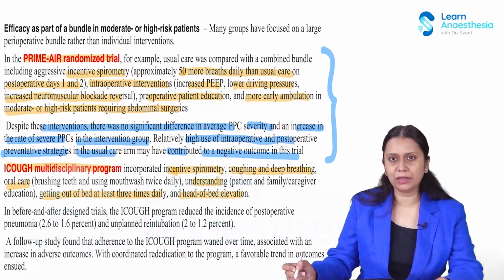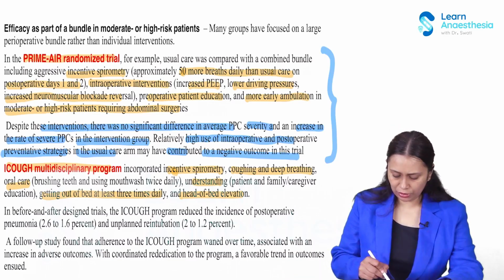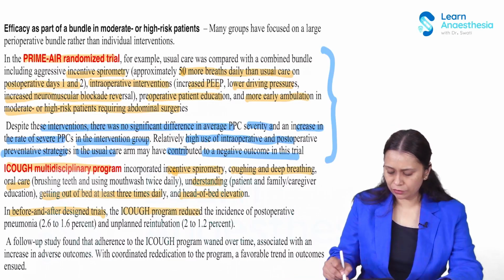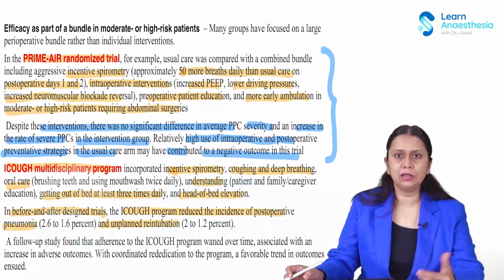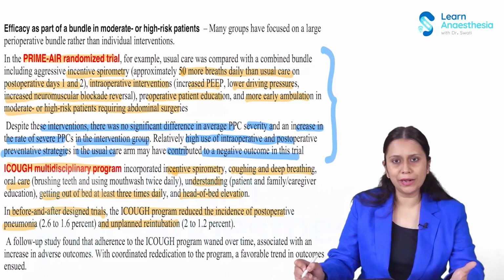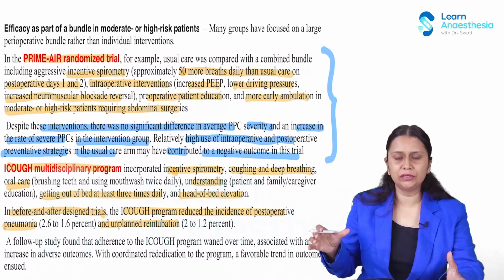These strategies were practiced, and this study showed good results. In a before and after design trial, the I COUGH program reduced the incidence of postoperative pneumonia and unplanned intubation in the test group. So, when these strategies were employed, the risk of pneumonia decreased in the patient.